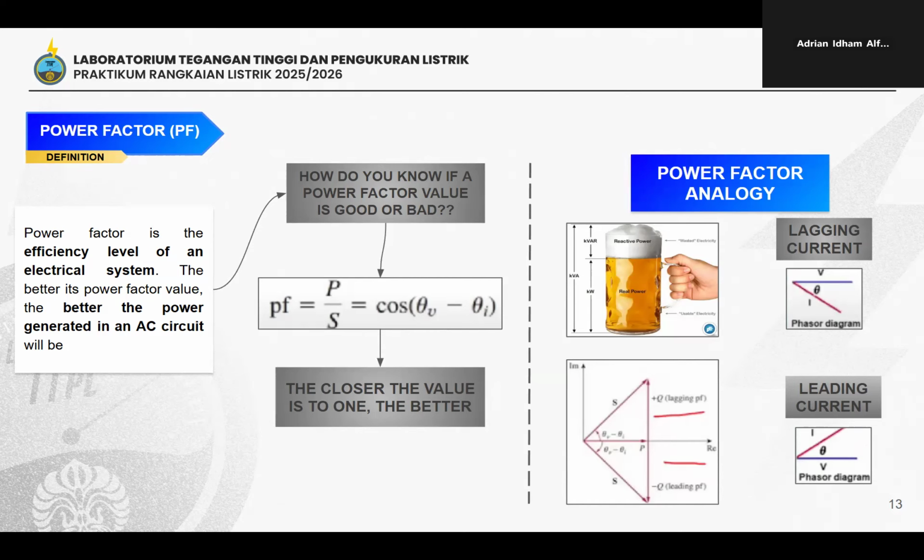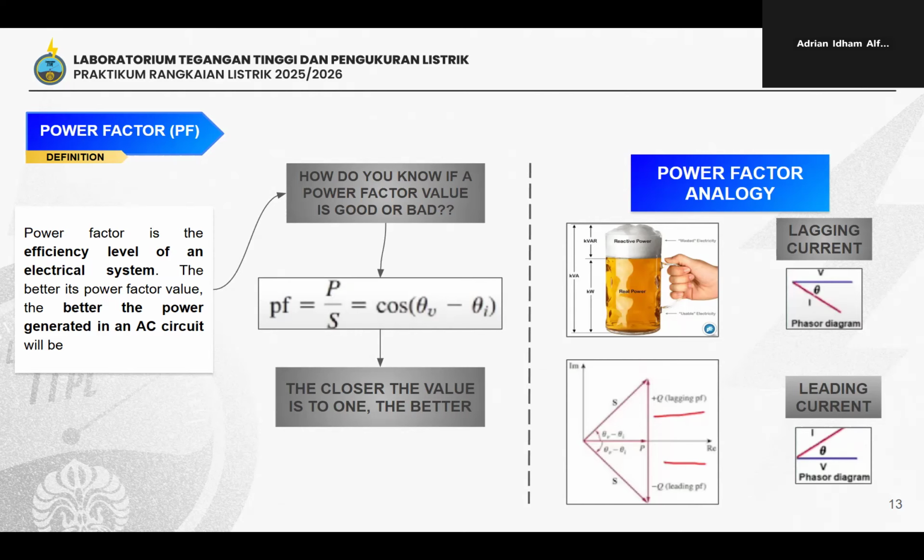You can use this PF scale: the closer the value is to one, the better. And this is a power factor analogy. You can see the picture, and this is the analogy that I give you to give you another meaning of power factor.